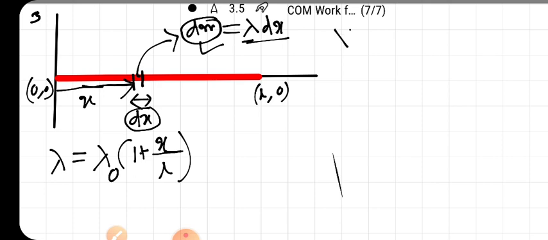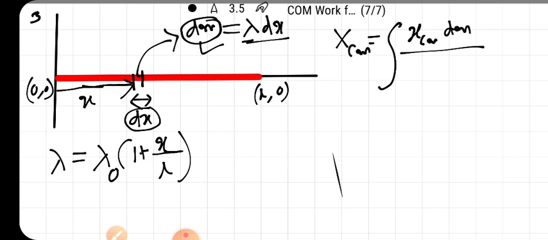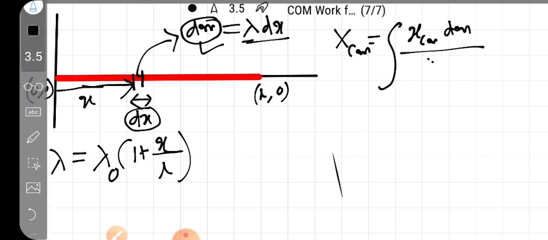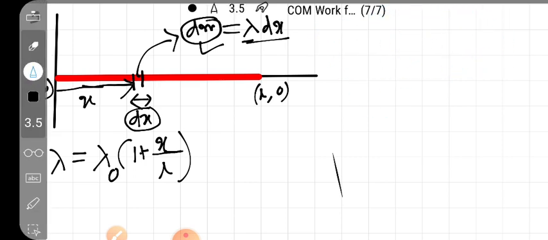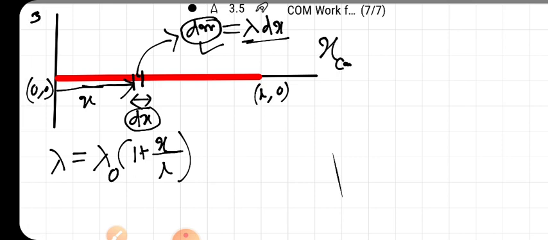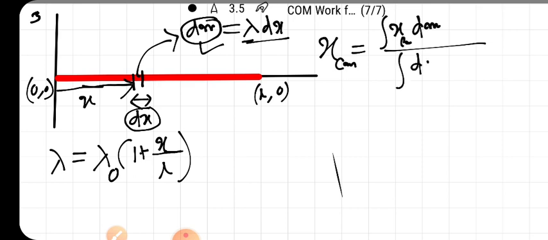The center of mass x cm is equal to the integration of x dm divided by the integration of dm.